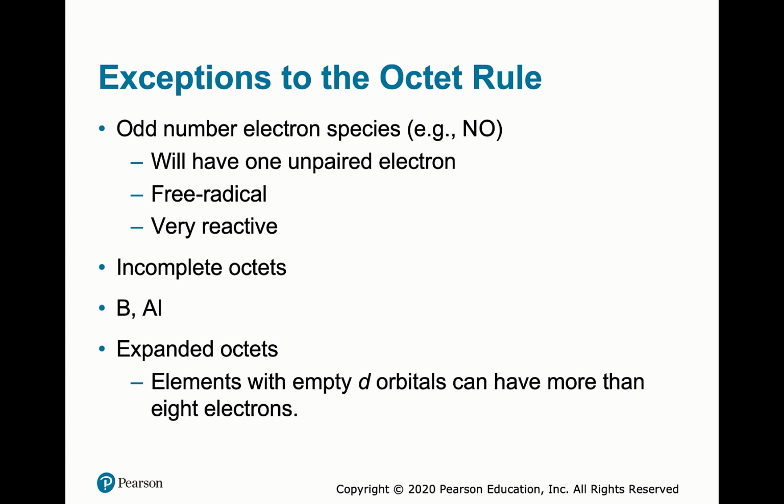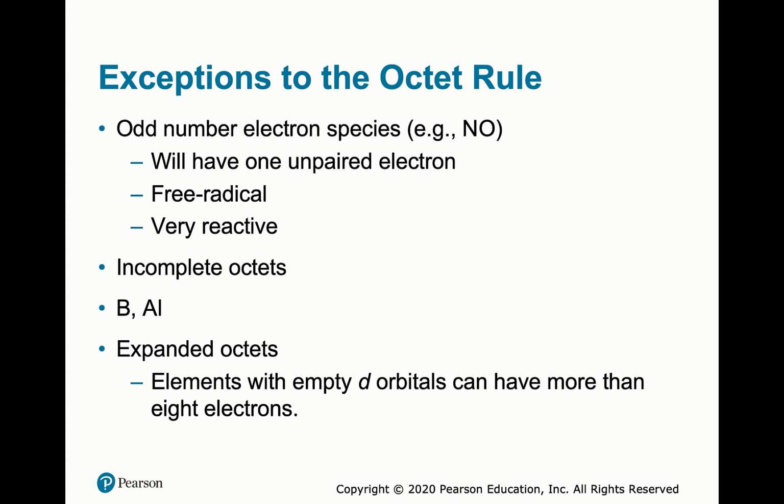There's also incomplete octets. So boron and aluminum can engage in bonding, and they don't necessarily have to have octets. And then expanded octets. So any element with period 3 and beyond.